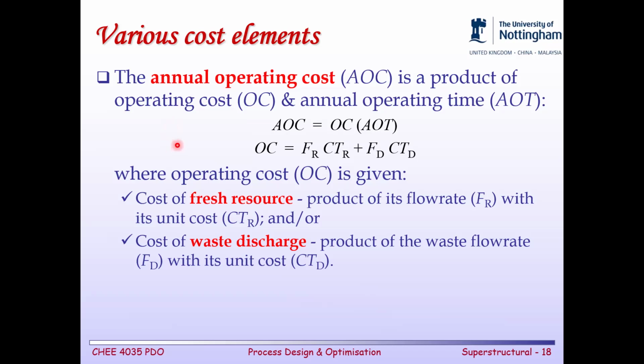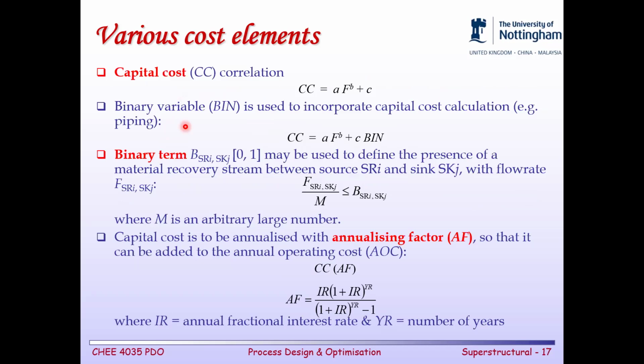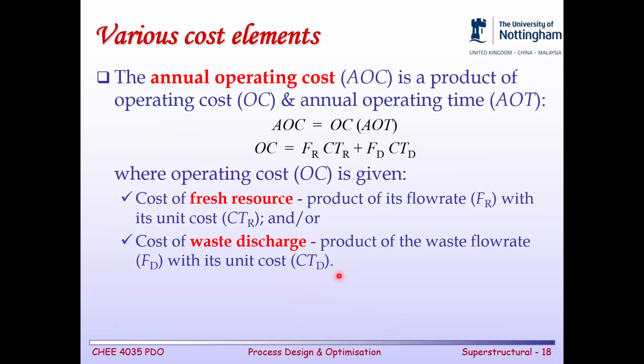Okay, so I hope that's clear. So again, the capital cost is the bulk payment when you buy an equipment or a building or whatever. But the operating cost is evaluated annually. So you have to evaluate it annually, converting it to annual cost by multiplying it with the annualizing factor, so that you can add the two, capital cost plus the operating cost.